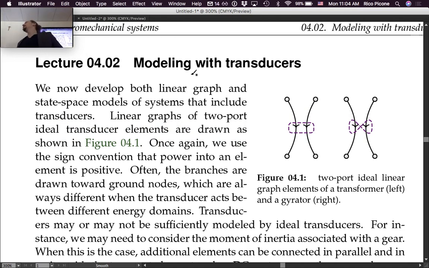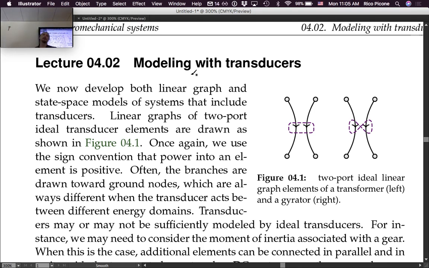Modeling with transducers. You may recall that, not even last week, two weeks ago on Friday, I know, it's almost unfair to assume that you remember any aspect of that, but we did a lecture on transducers, and we talked about how you can use a transducer to convert energy from one domain to another domain, or to change its form within a domain.